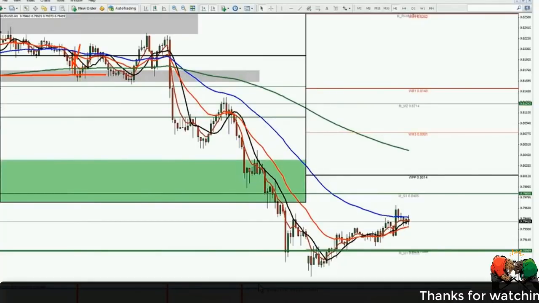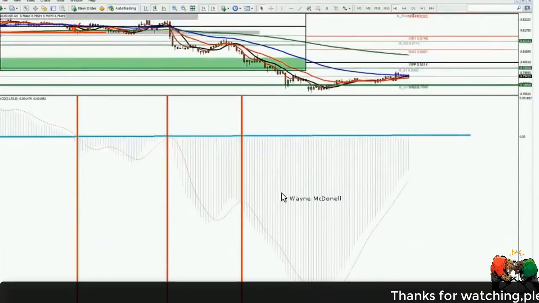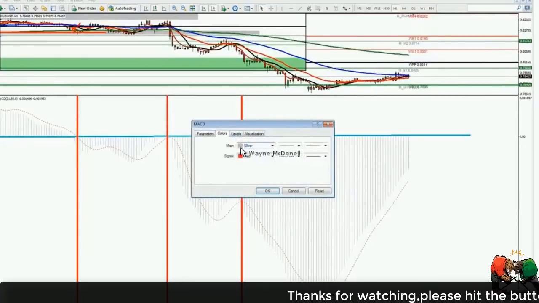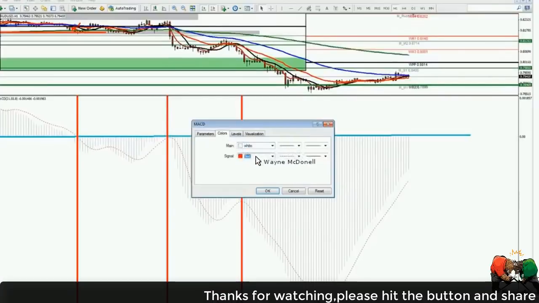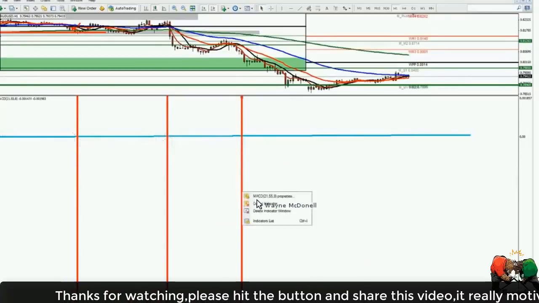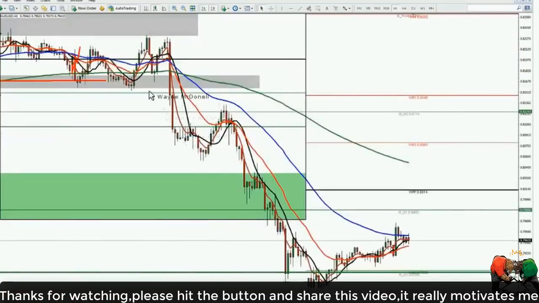So now I should honestly be able to give you a chart like this where I change the properties here. I go white, white. Delete. I deleted the whole thing.